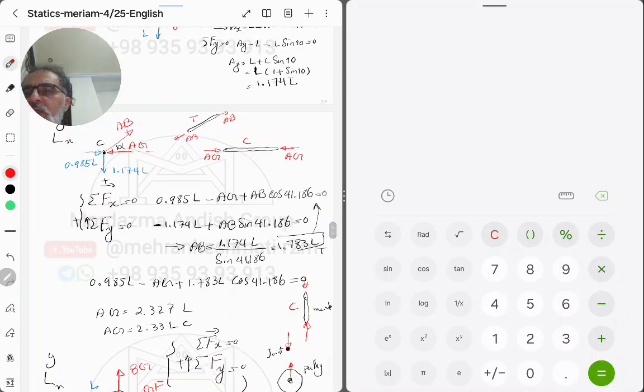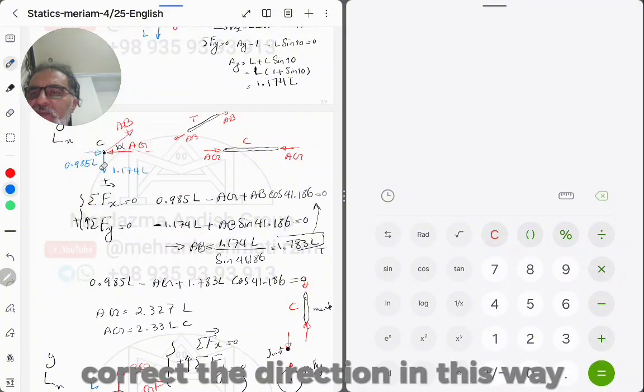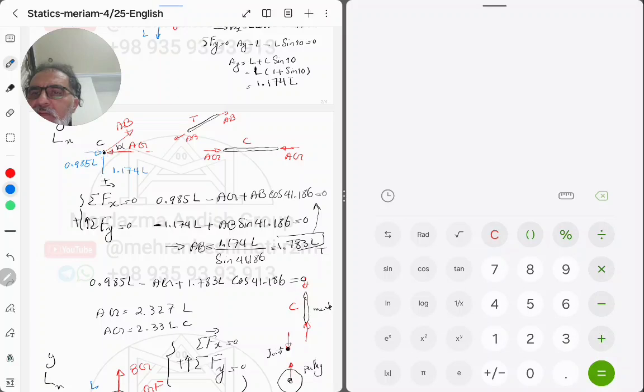And we should correct the direction in this way, because BG is under compression.